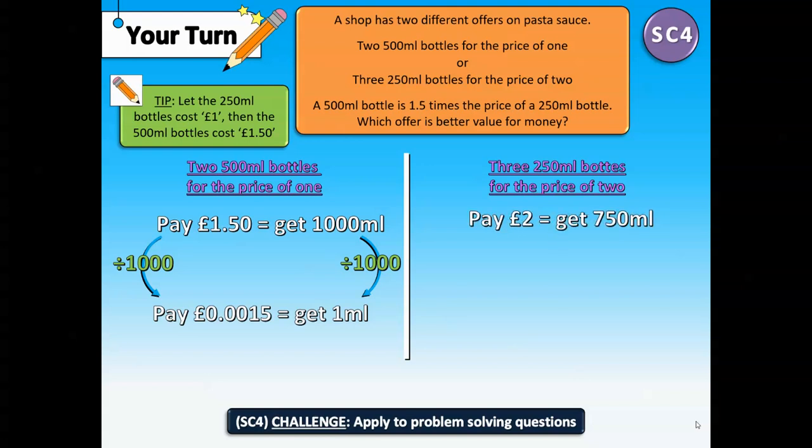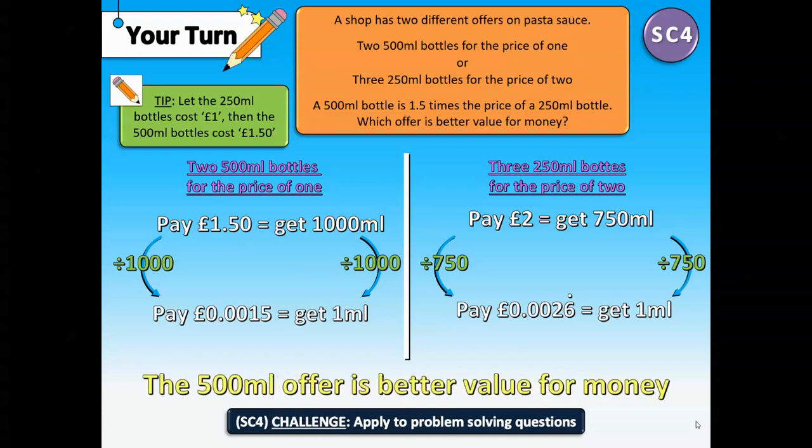In the second offer, we pay £2 and get 750 millilitres. So if we divide that by 750, you can see we pay more in the second offer to get 1 millilitre. So the first offer is better value for money.